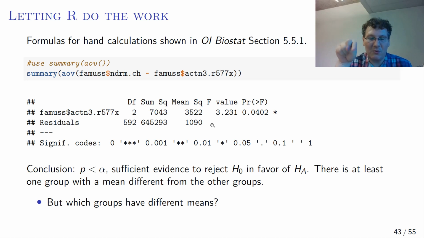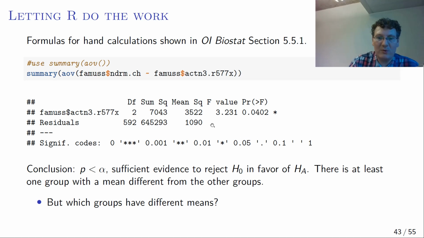And 3.231, that's the ratio of those two numbers. That's our F statistic. And the Pr(>F), that's our right-tailed probability. That's our p-value. So here the p-value is 0.0402. That's a little bit less than 0.05. R puts a little asterisk next to it to show that it's significant at 0.05. And it'll put more stars depending on how significant it is.